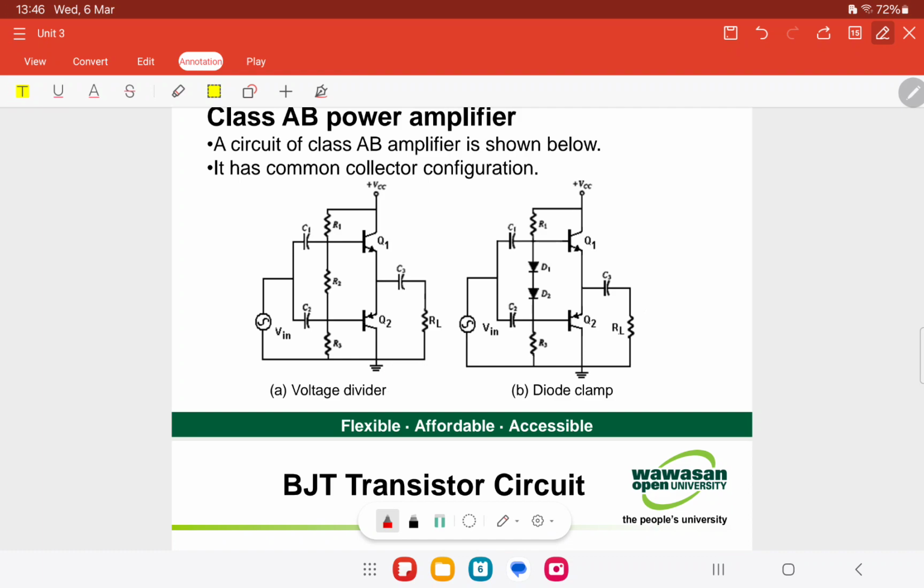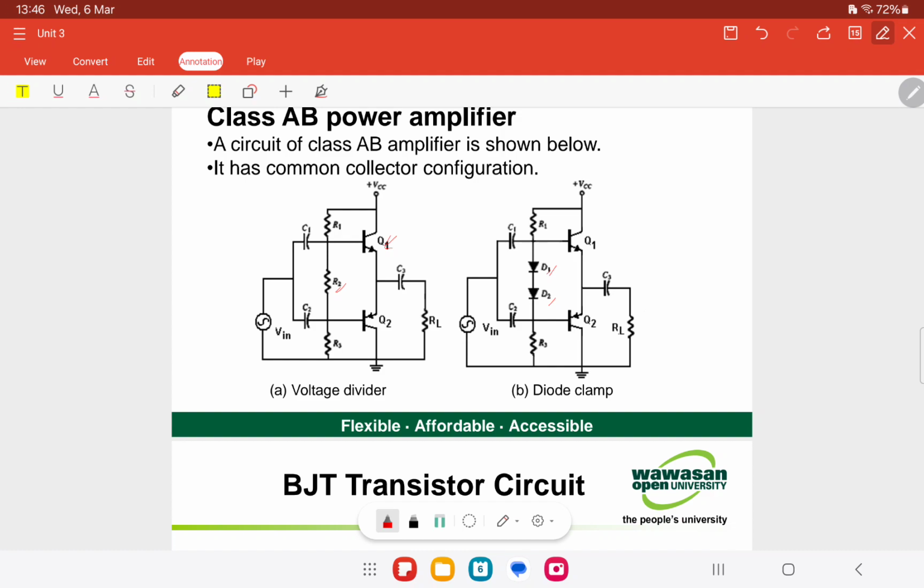However, this arrangement is difficult to maintain due to VBE or VEB variations caused by temperature, which affects the value of the collector current. A more stable technique is called diode clamping. We have two diodes, D1 and D2, replacing R2 here.